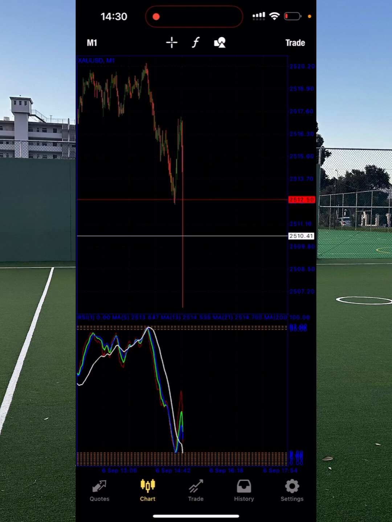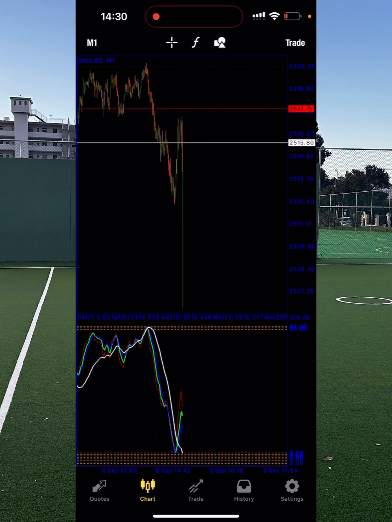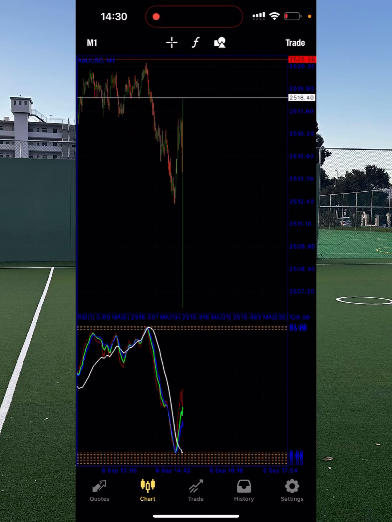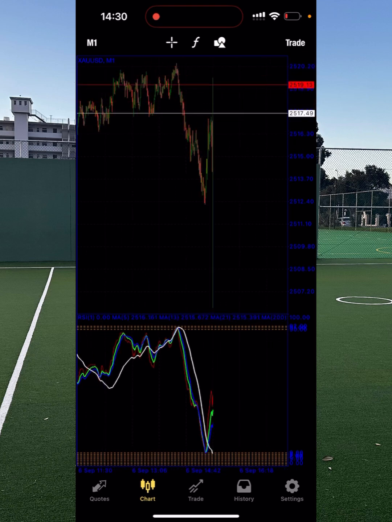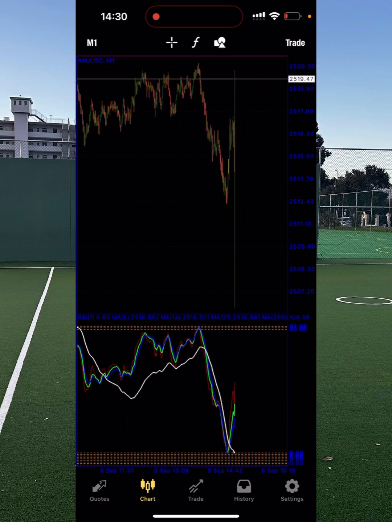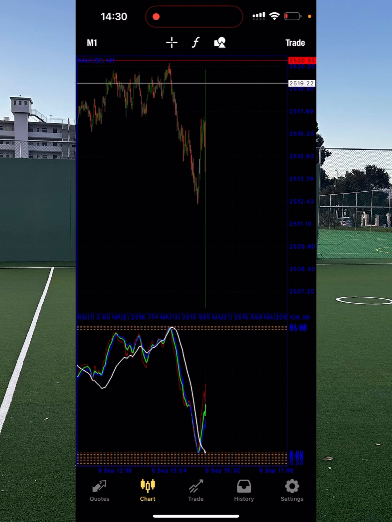Shit, guys. Yeah, guys, do you see what happened? Do you see, guys, what happened? What?